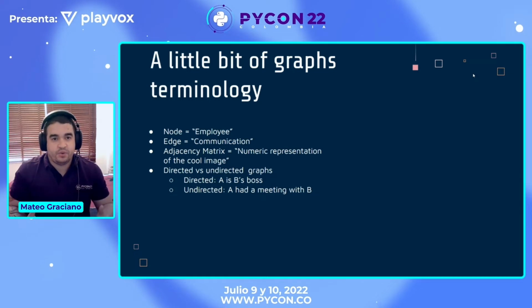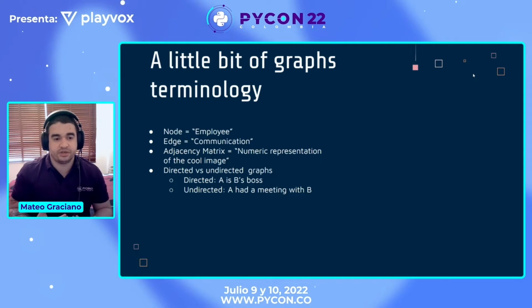With that, you will have the adjacency matrix, which is basically the numeric representation of the graph.